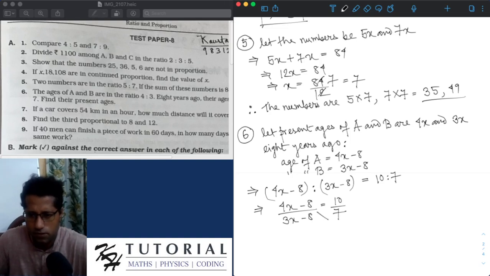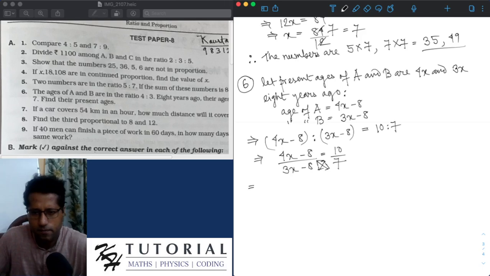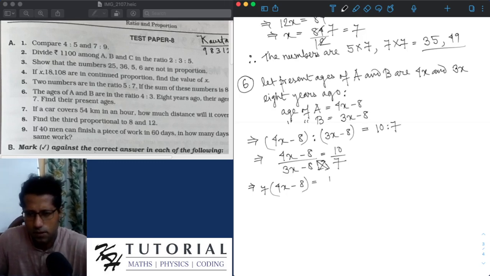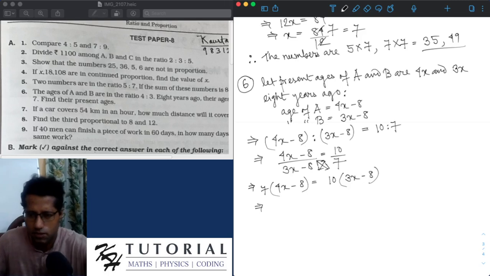Now we have to solve this linear equation in one variable using cross products, and we get 7 into 4x minus 8 equals 10 into 3x minus 8. Opening the brackets on both sides, we get 28x minus 56 equals 30x minus 80.